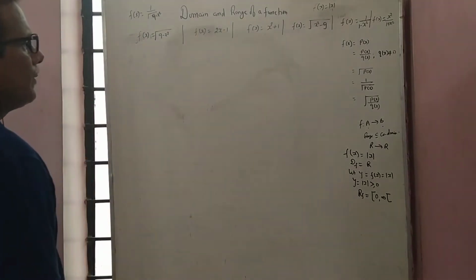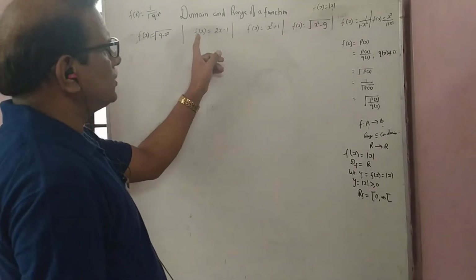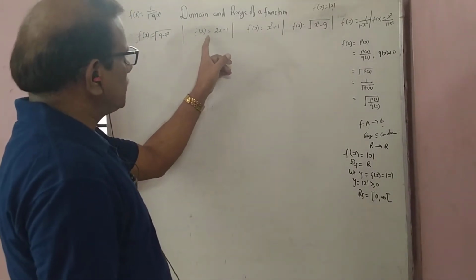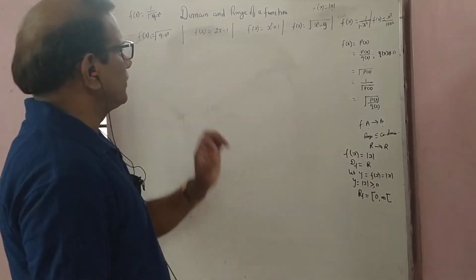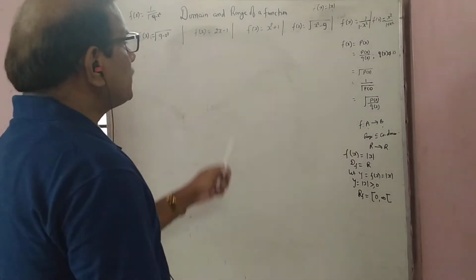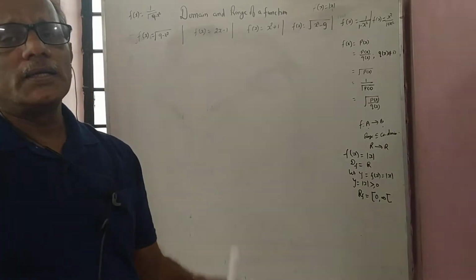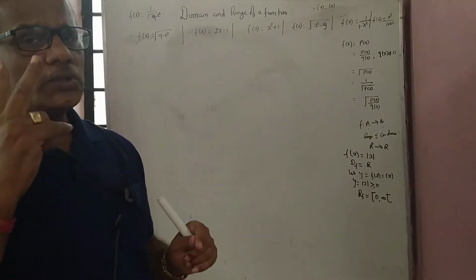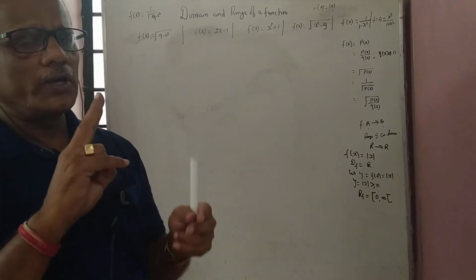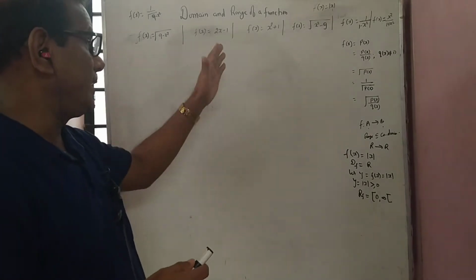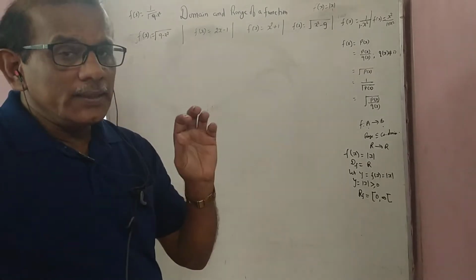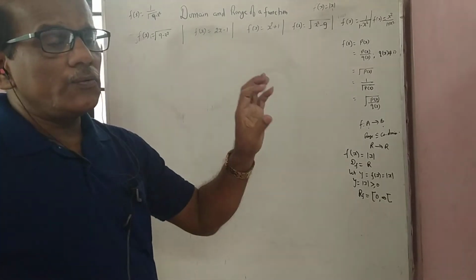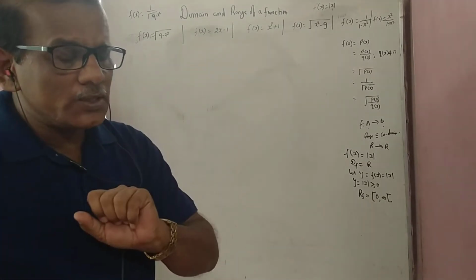Clear? Coming to this function, this was modulus, this is a polynomial: 2x minus 1. This function is defined for all real values of x. Why? Two things you have to take care of when finding domain and range. For domain, check whether the function is not defined for any particular value of x.